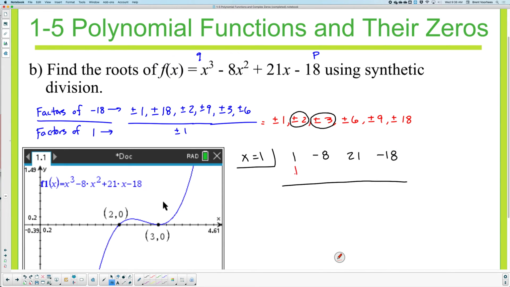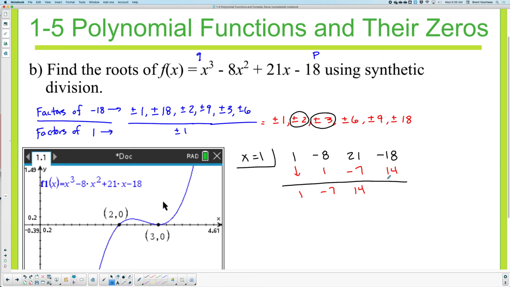So the 1 drops. What is 1 times 1? -8 plus 1? What is -7 times 1? What do we get here? 21 minus 7 is 14. And then 1 times 14 is 14.